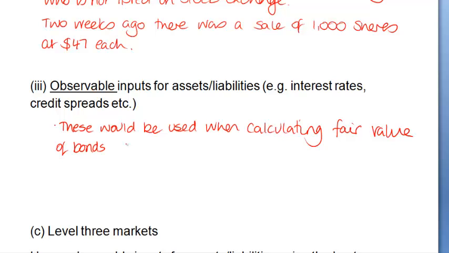So we might have some private bonds and we know what's happened to interest rates, so we can work out if it's a 6% nominal bond, we'd say, well, let's take a look at a company of a similar risk, what's happened to interest rates movement since they were last quoted, and that gives us a position. So our level 2 markets are not perfect, but they're not rubbish either.